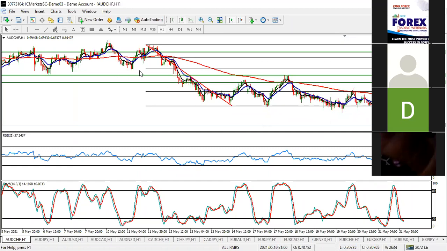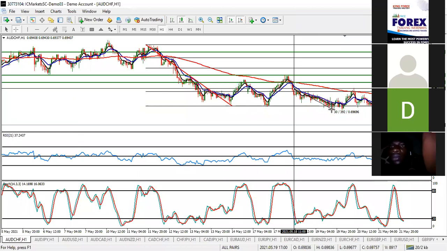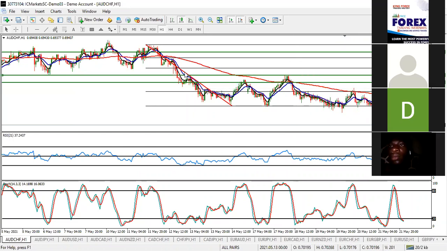That is when we have the good move to the downside. Once the cross happened, price went down about 40 pips, and you're risking about 25 or 27 pips. I hope this is clear.